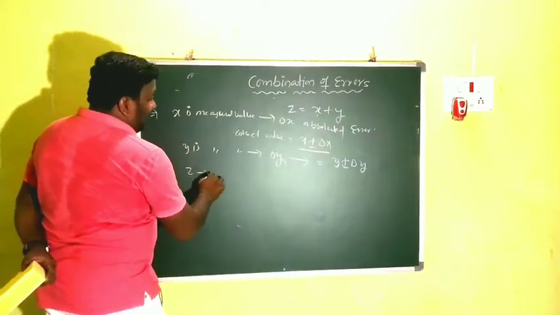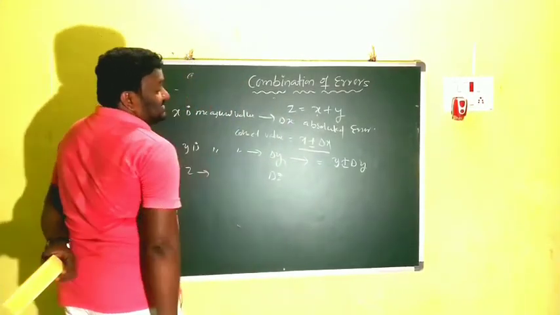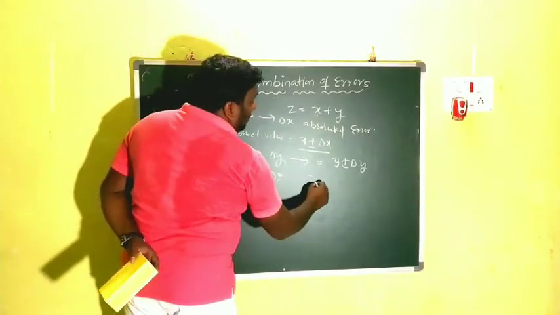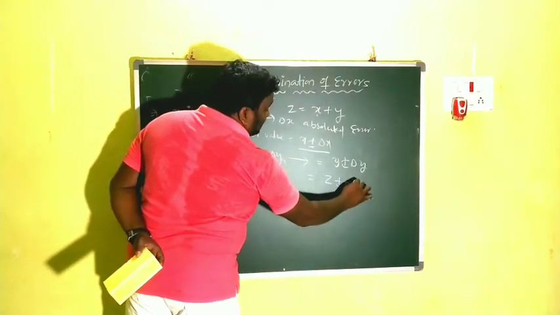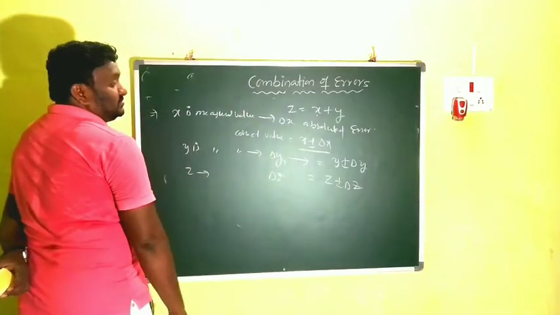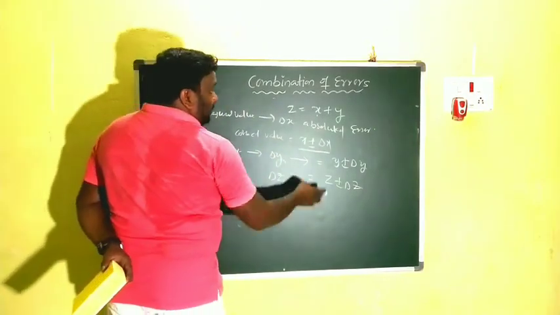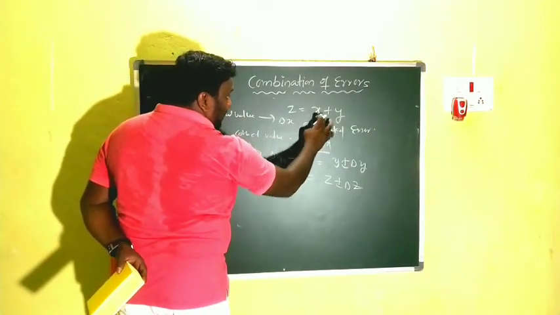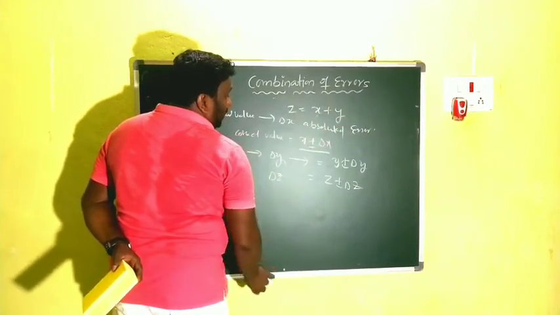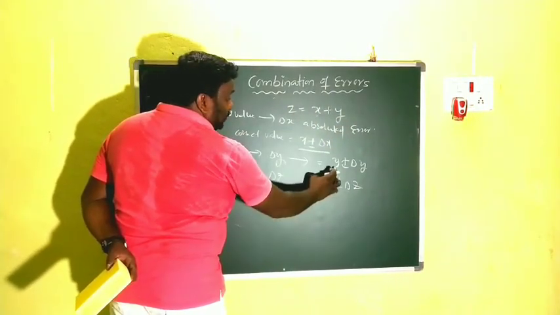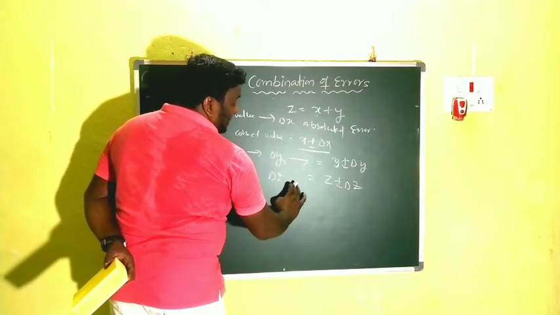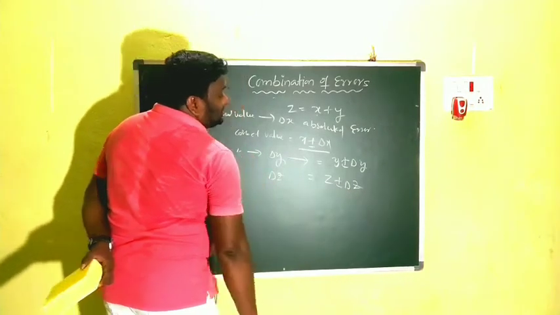Z is the measured value and its error is delta z. Then the correct value is z plus or minus delta z. Clear? Very simple. So we are correcting, modifying the x value and the y value: x plus or minus delta x, y plus or minus delta y, and similarly z equals z plus or minus delta z.